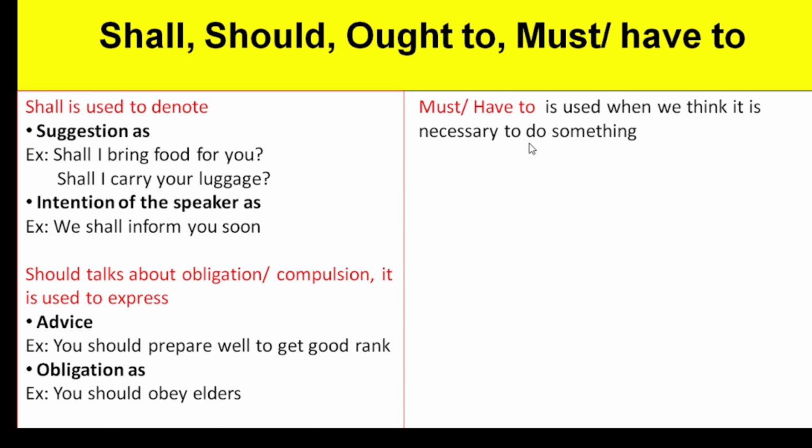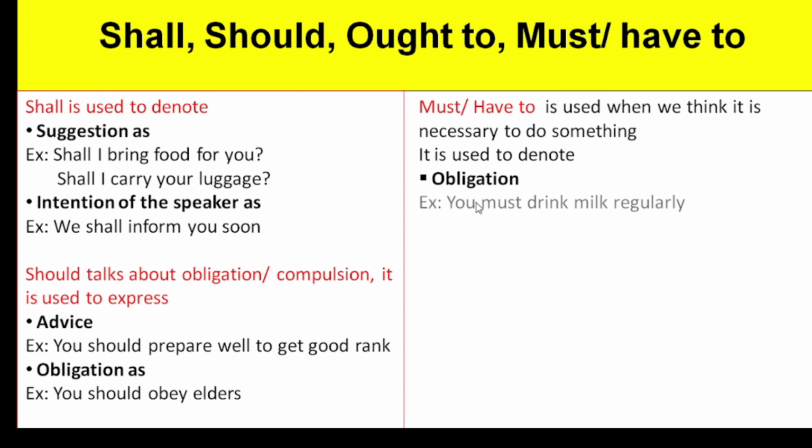Now look at the other one, that is must or have to. These two can be used alternatively. Here must or have to is used when we think it is necessary to do something. You don't have alternatives or options when you use must or have to. It is very necessary, and it is used to denote obligation, compulsion. For example, you must drink milk regularly.